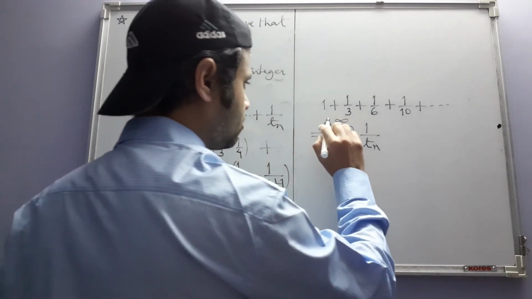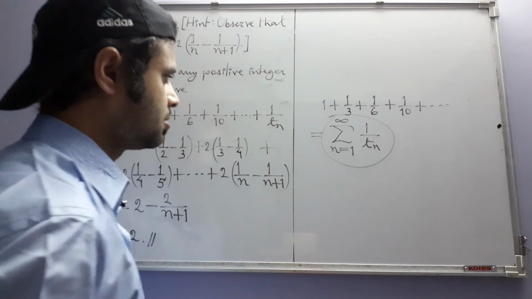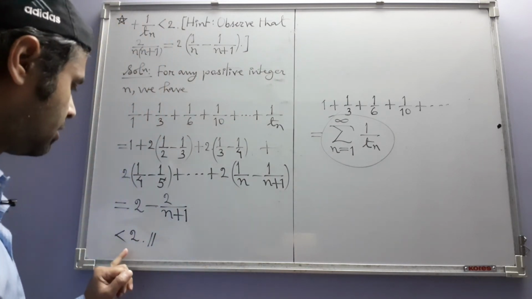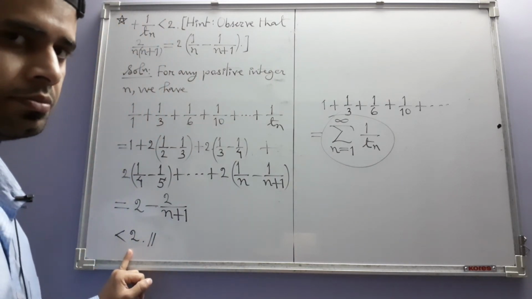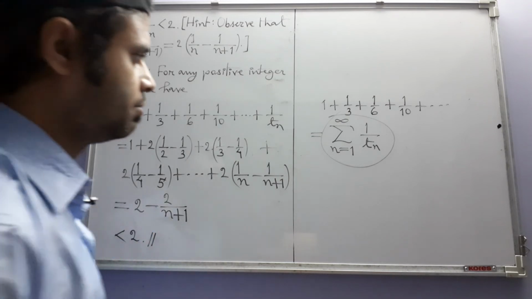This series is convergent and its sum is some real number that is less than or equal to 2. It's just an observation.